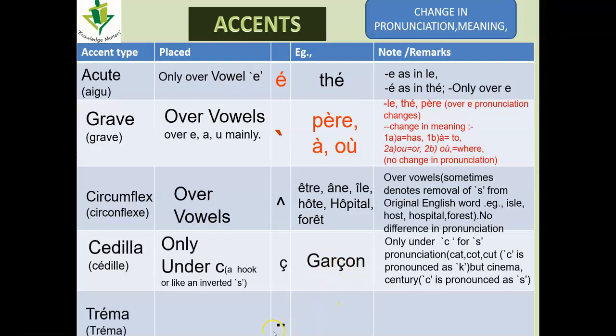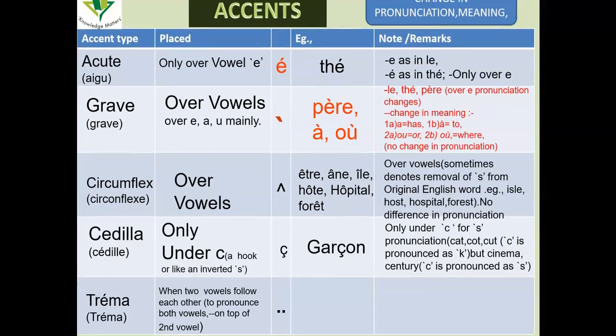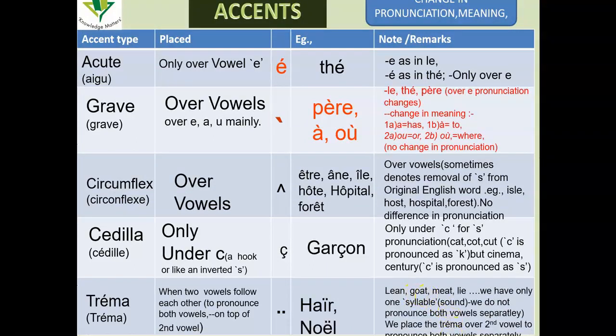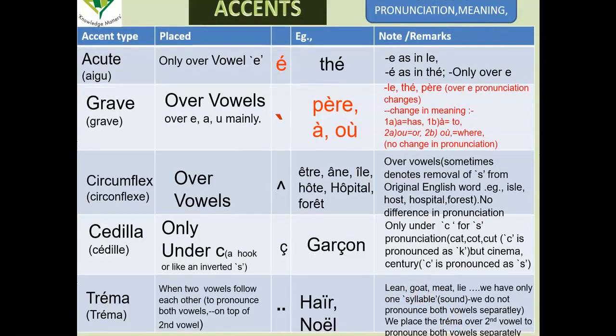Now, the tréma is nothing but two dots on top of the vowel. When two vowels follow each other, there is only one sound. For example, lean, goat, meat, lie.